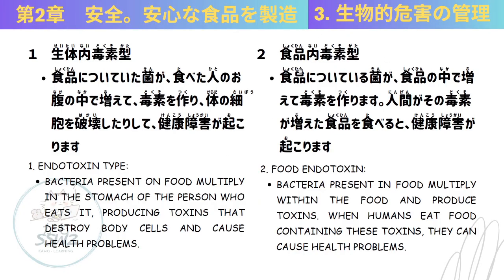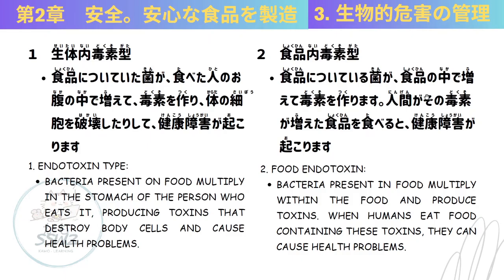The second type is the food toxin type, meaning in the food. These bacteria are also present in food, but they grow in the food already and make the toxin in the food.